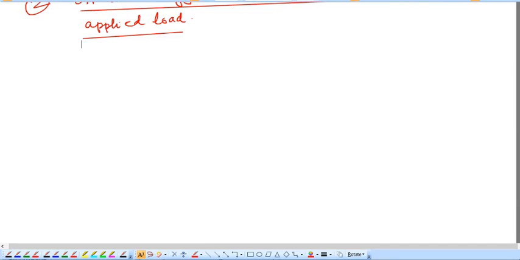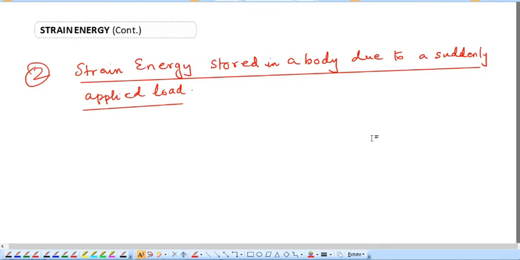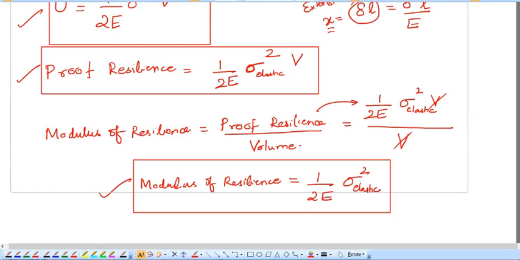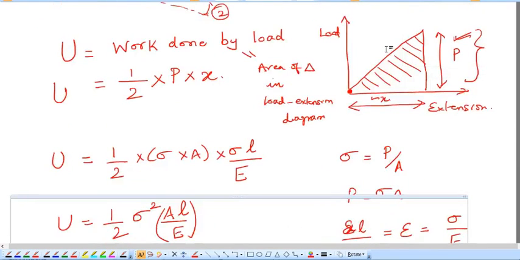See, if the load is applied gradually, you can have the load extension diagram like this. So this is the load extension diagram for a gradually applied load.